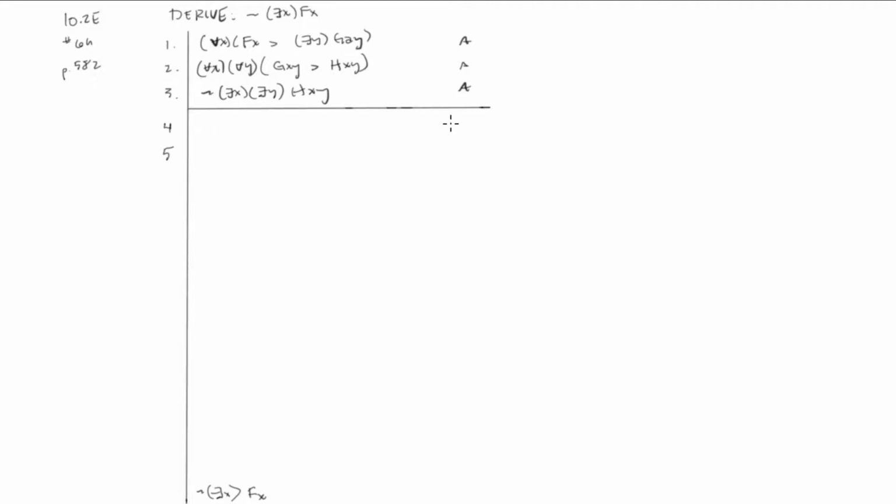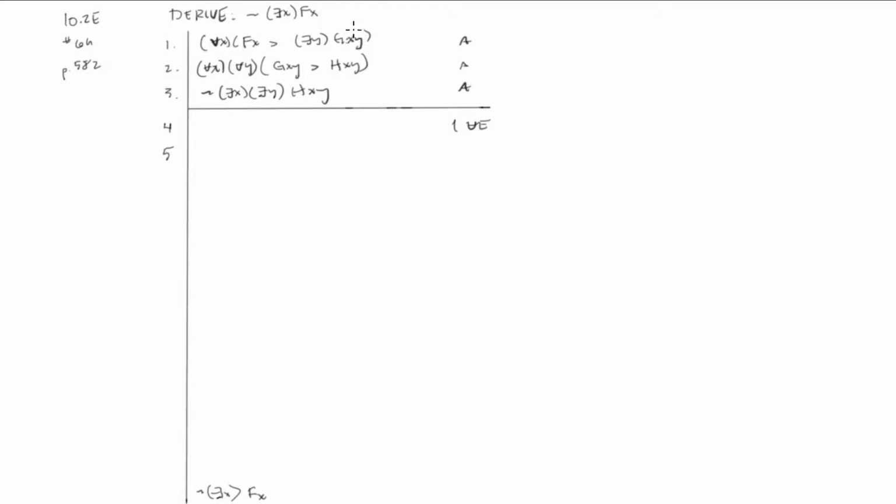Let's look at line 1 and do universal elimination on it. Drop that quantifier and with it the outer parens and replace, I'm sorry, I've made a mistake. I've got to fix this real quick. That should be an x on line 1. I was anticipating what my next move was going to be. Okay, so we're going to drop the quantifier on line 1.